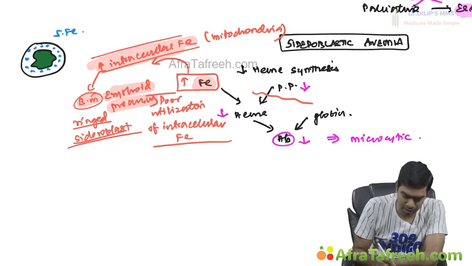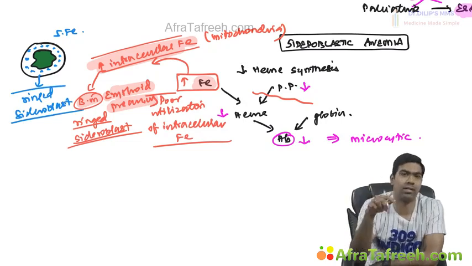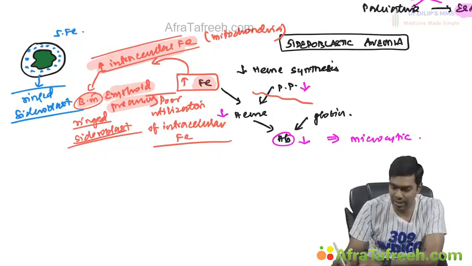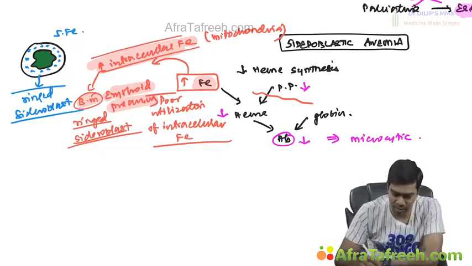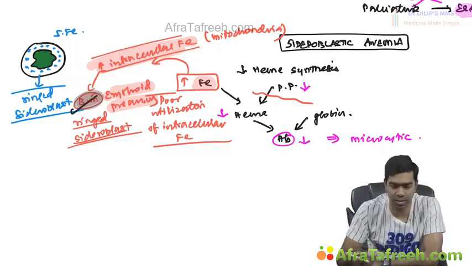So they produce something called a ringed sideroblast, due to iron accumulation like a ring within the mitochondria of the erythroid precursor. This presence of ringed sideroblasts is a typical bone marrow finding. You don't see ringed sideroblasts in the periphery. This is one of the pathophysiologies of the disease, but you don't see that in the periphery.